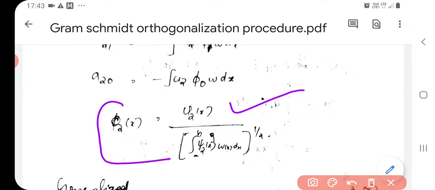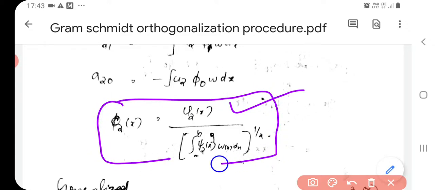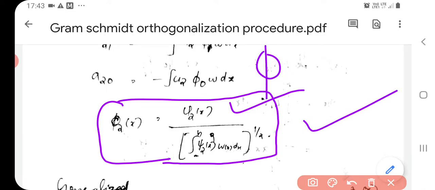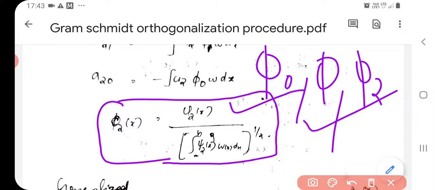So we have phi 2 of x equal to psi 2 of x divided by the square root of the integral of psi 2 of x square w dx. So we have phi 2 of x. We have phi 0, phi 1, phi 2 with us, and repeating the same way, we find phi 3, phi 4, and we ultimately form an orthonormal set.